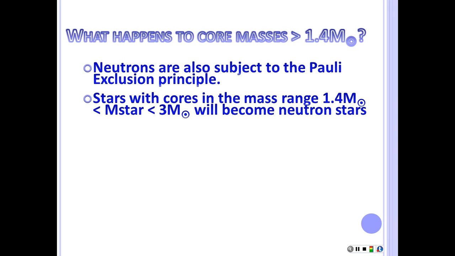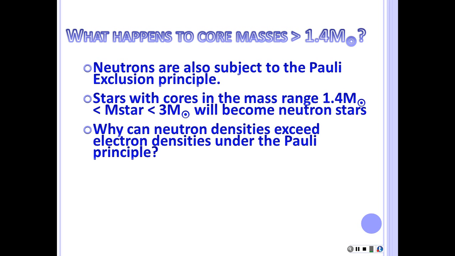So, stars with cores in the mass range of 1.4 to 3 solar masses will become neutron stars. We'll get into the processes it goes through when we talk about high mass stars. And so why can we have, neutrons are also fermions. Why aren't they subject to the same Pauli exclusion principle?